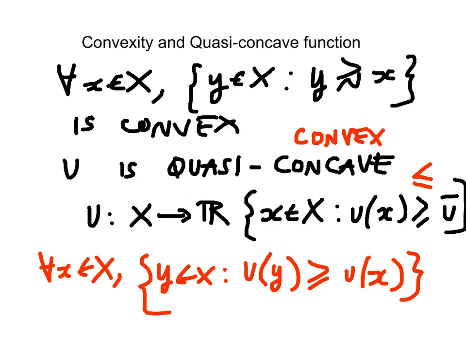And I'm looking at all those other bundles out there which are such that the utility is greater than this level, and that the set of all those bundles must be convex, right? Upper contour set is convex, and that's the same thing as the utility function being quasi-concave. So the graphical representation, okay, so here I am.